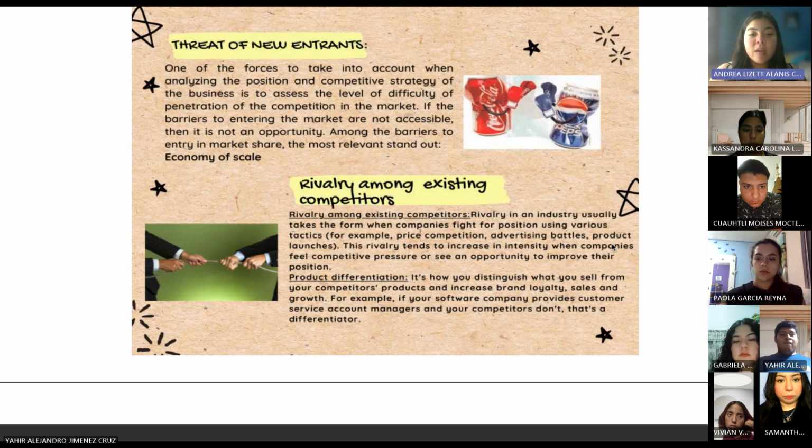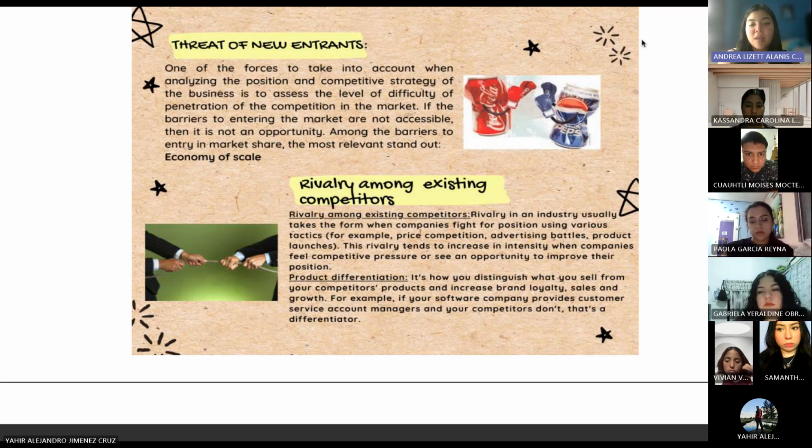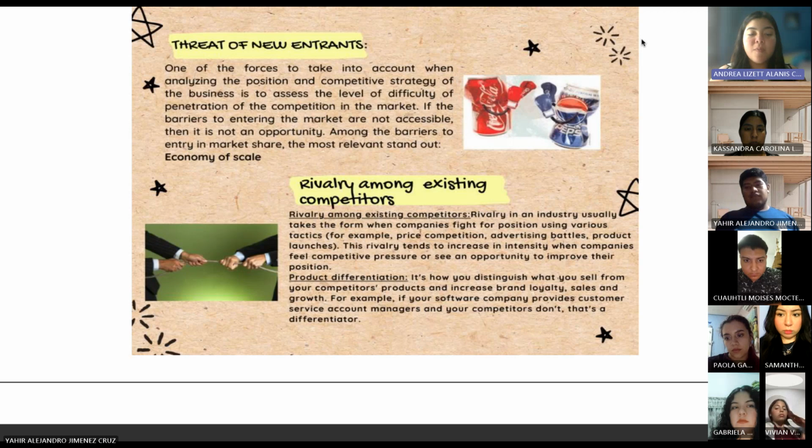This rivalry tends to increase in intensity when companies feel competitive pressure or see an opportunity to improve their position.